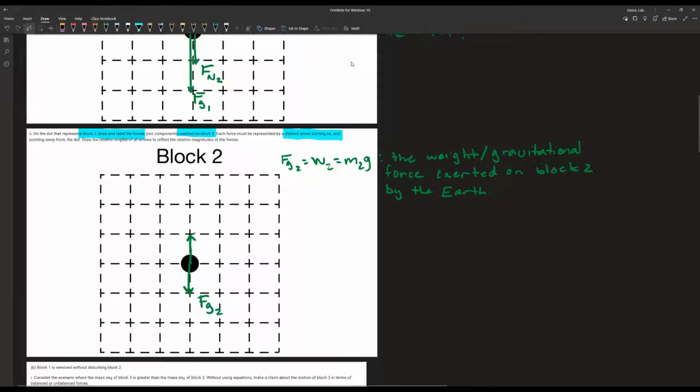And this is going to be normal force, Fn. So it's going to be a normal force because it's sitting on block 1. So I would go ahead and call it the normal force from block 1 on block 2. So N2, sorry, N1, made a mistake right there.